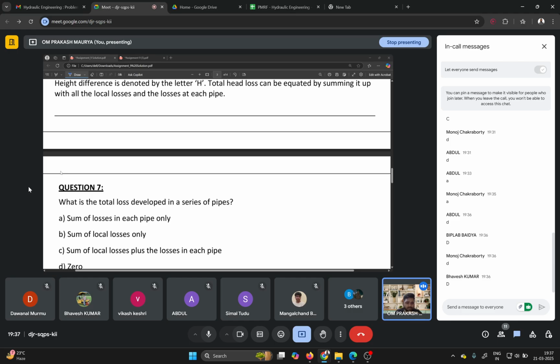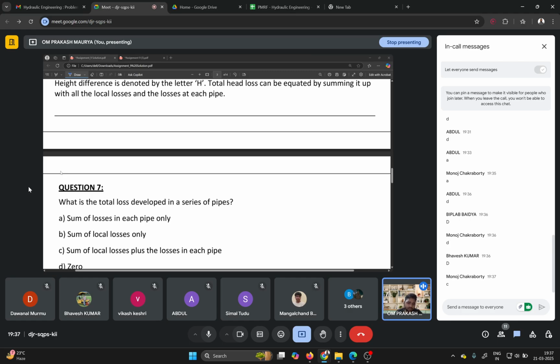Which option will be correct for question number 7? Okay, Manoj is telling C. We are talking about a series of pipes here. Option C, okay, Manoj is telling.